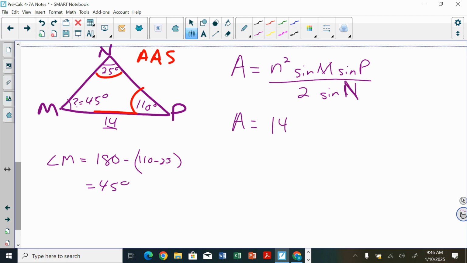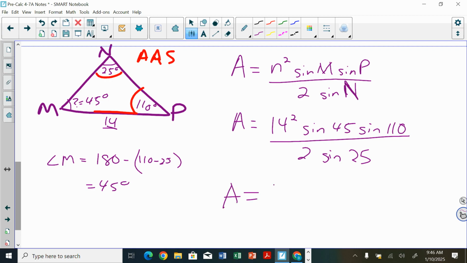I know that N is 14 squared times the sine of M, which is 45 since we found that out, times the sine of P, which is 110, all over 2 times the sine of 25. And I can calculate that all out, and you'll get an area of about 154.1 feet squared.